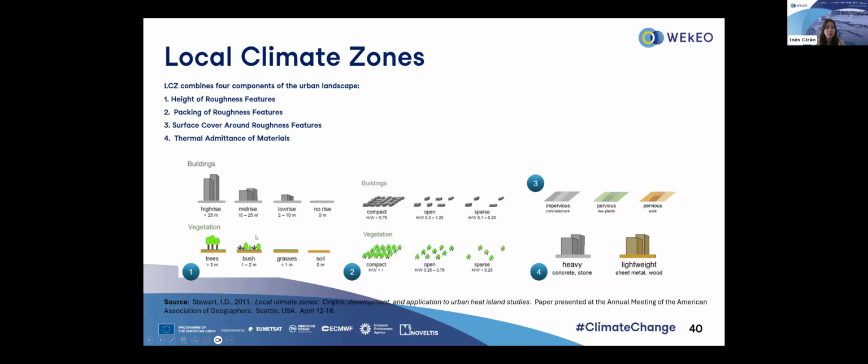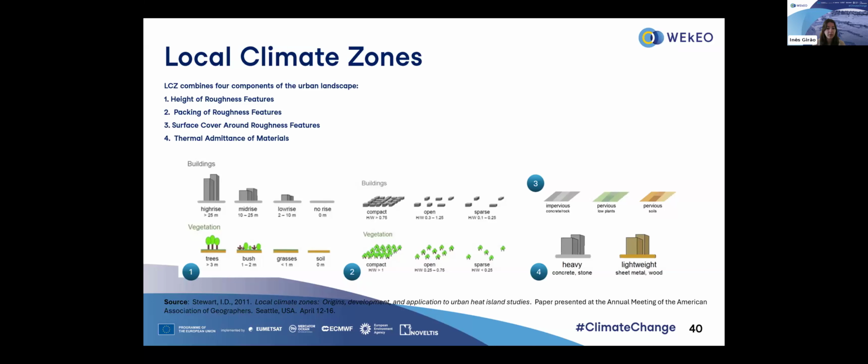So now, what are LCZs and what do we need? To address the spatial differences of the climate risks, we need a framework that captures the physical characteristics, and that's where local climate zones come in. So LCZs classify the urban and natural landscape into standard types of dimensions. There are four.